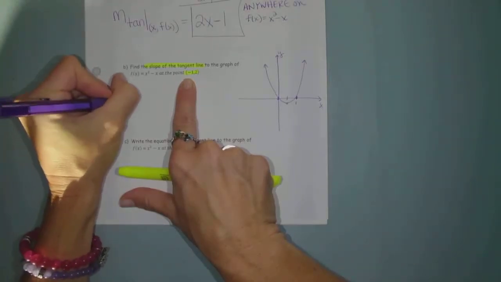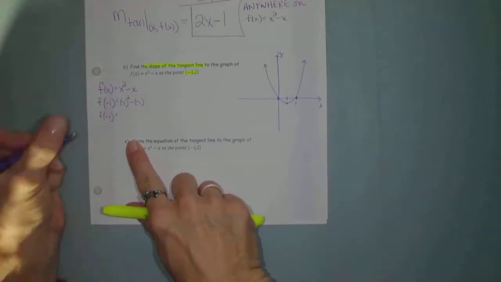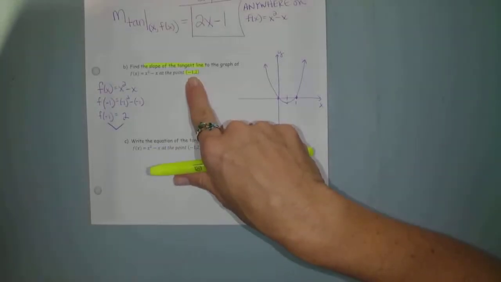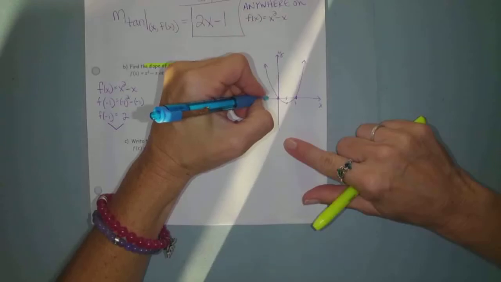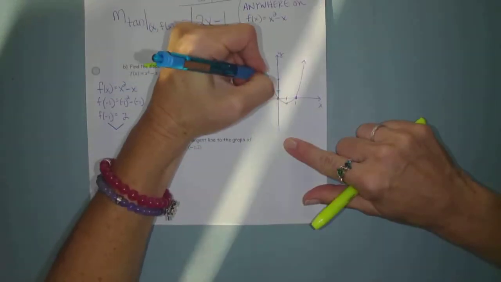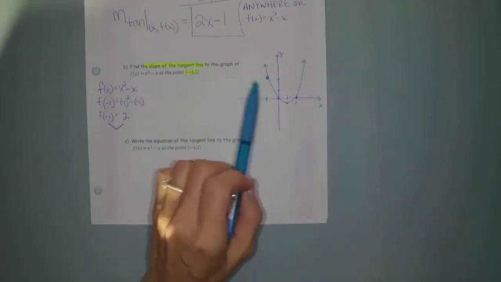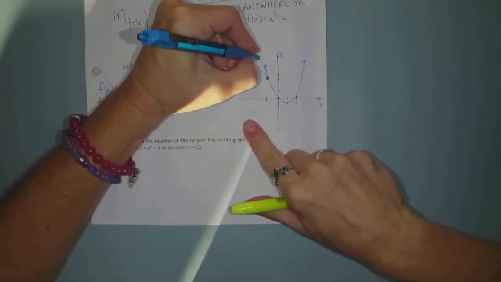Negative 1 squared minus negative 1 indeed is 1 plus 1, which is 2. So this is just verifying that indeed this point is on this parabola. So if I highlight that point, here's negative 1, 2, right here.